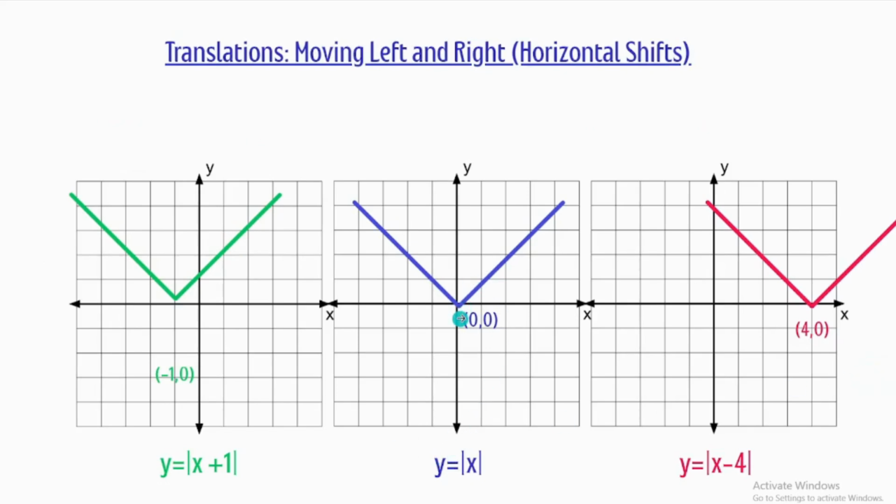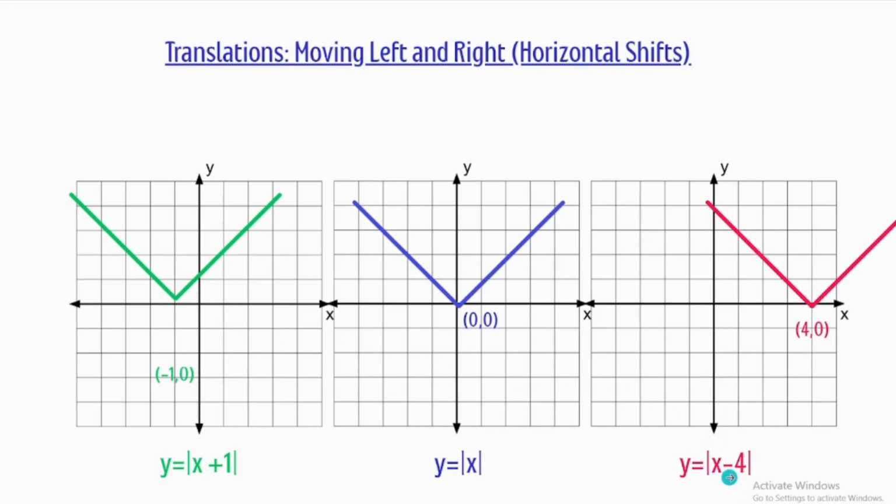We will see here, this is an absolute value function. The parent's vertex is (0, 0). When we subtract 4 from x, it moves 4 units to the right. That's the opposite of what happened in the translation vertically. We do the opposite of this sign.